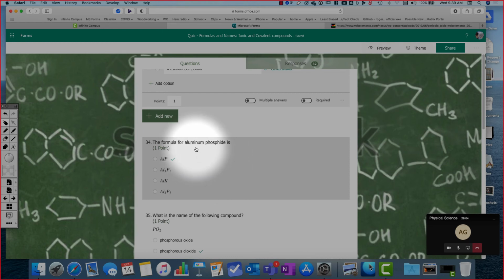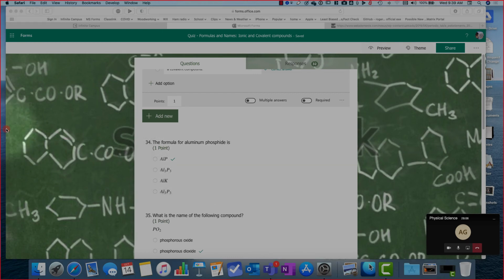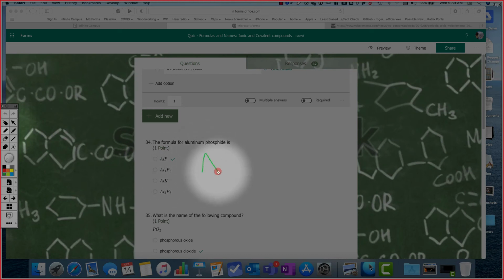So the formula you're going to have to figure out with the oxidation numbers. So we have Al3 plus, and I get this from the periodic table. And phosphorus or phosphide is 3 minus. I got that from the periodic table. You only need one of each because they have the same charge, so that's why it's AlP.